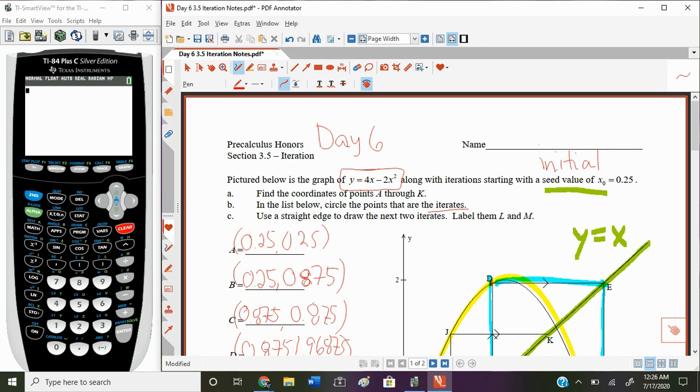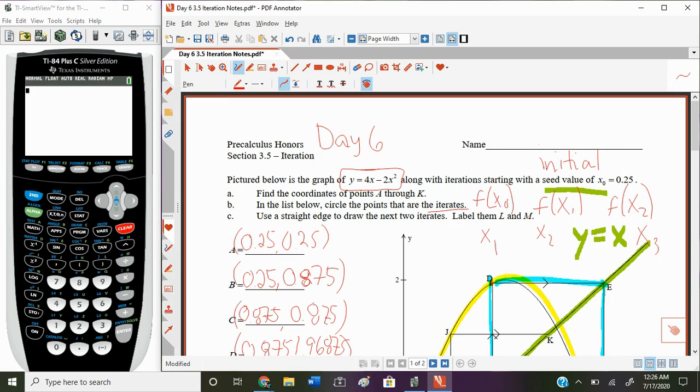An iterate is what happens when you substitute in f of x sub 0: you're going to get x sub 1. When you substitute in f of x sub 1, you're going to get x sub 2. When you substitute in f of x sub 2, you're going to get x sub 3. So this would be your first iterate, second iterate, and third iterate.